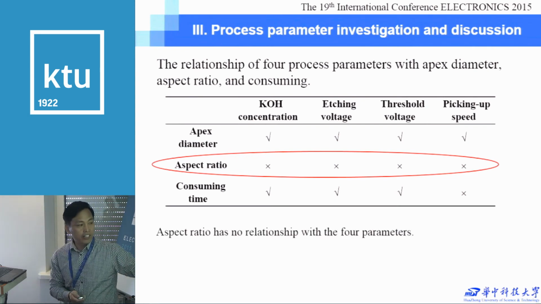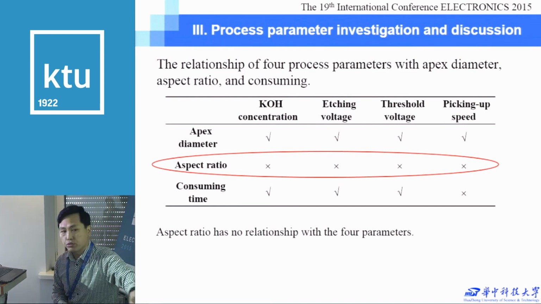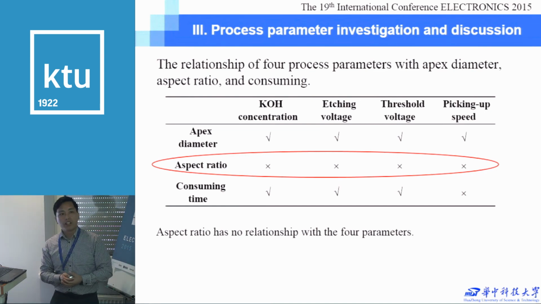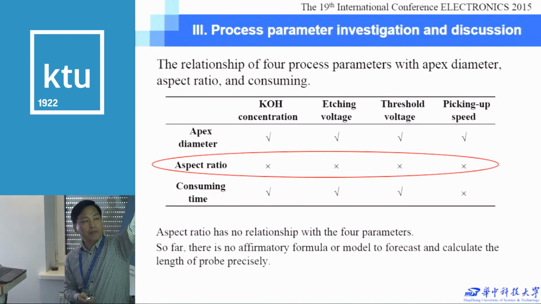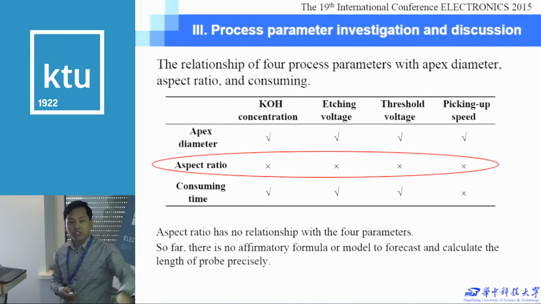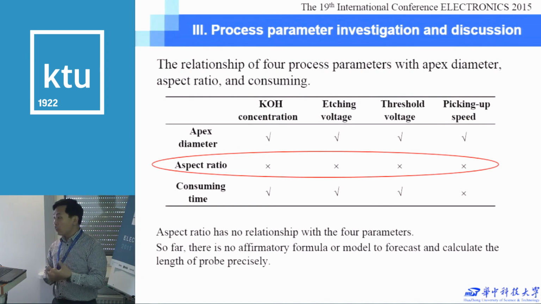On the other side, the apex diameters and the consuming times are all influenced by, or determined by, the 4 parameters. And if you control them, you will get a good result.